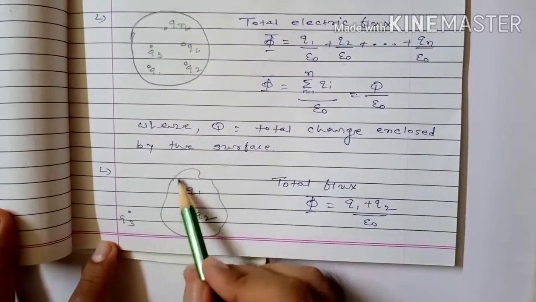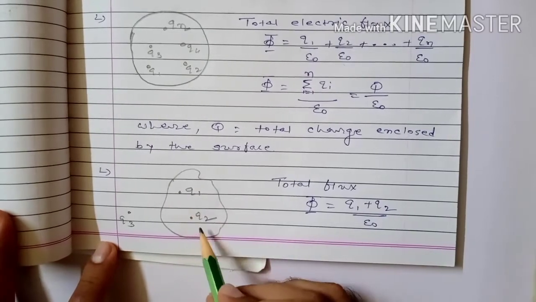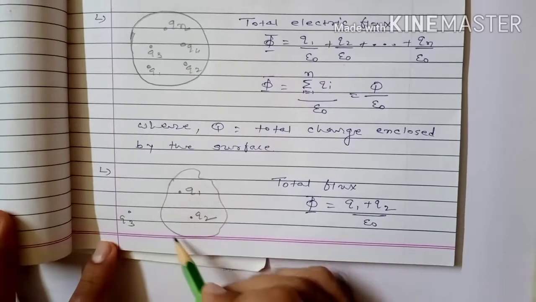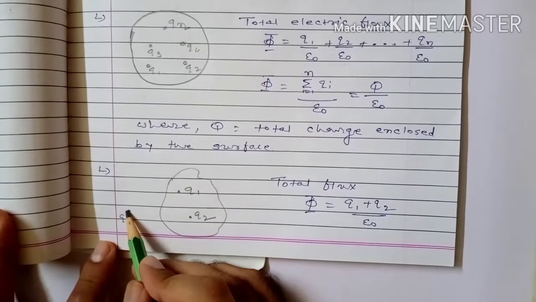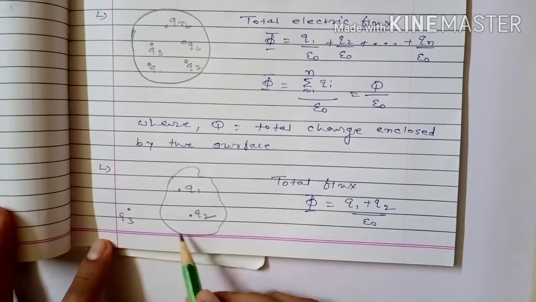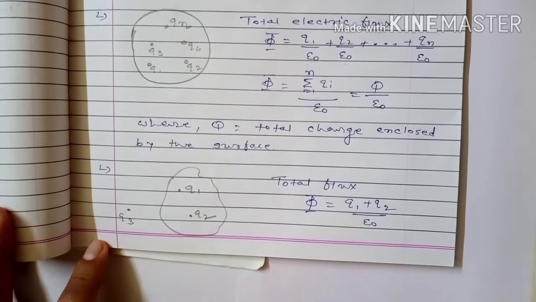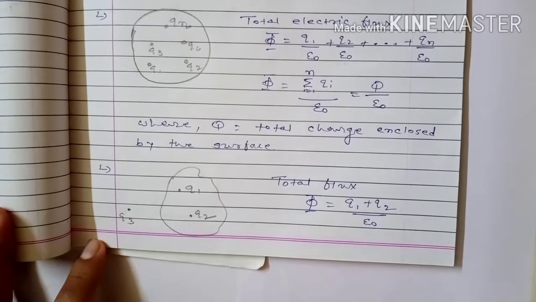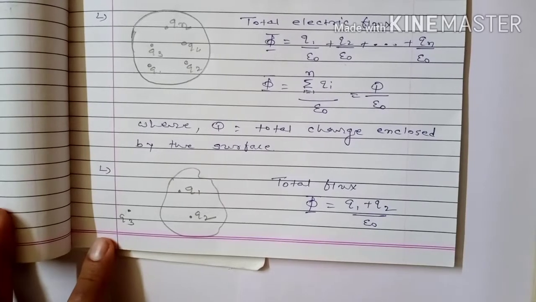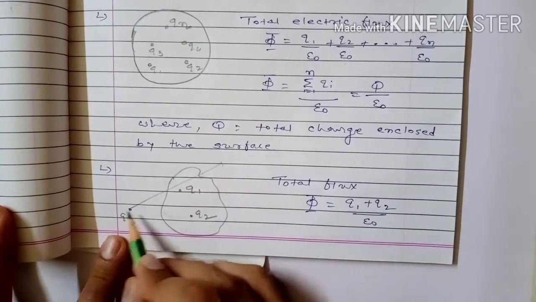Now if we take this type of situation, suppose these two charges q1 and q2 are inside this arbitrary surface and this q3 is outside the surface, then the total flux linked with this surface is given by q1 plus q2 by epsilon naught. Here we don't have to consider q3 because q3 is outside the surface. If we consider the electric field lines due to this q3, then these electric field lines will be like this.